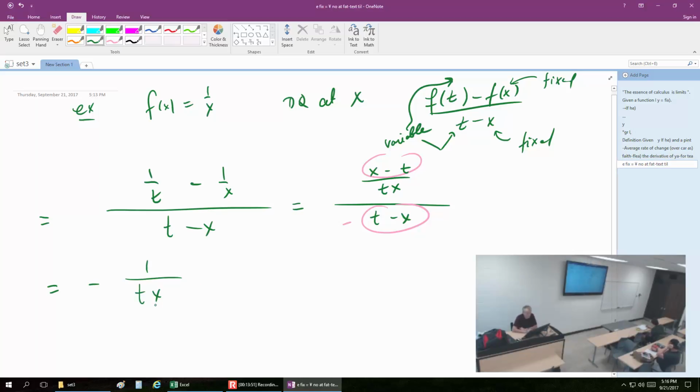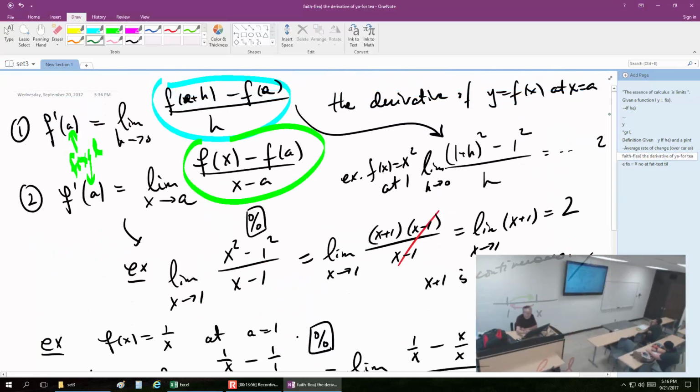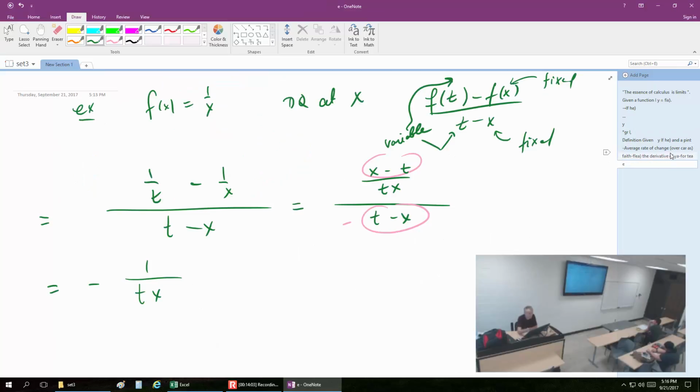Remember this is the definition: in my difference quotient, we're making our time increment go to 0. The time increment is simply the denominator. So t minus x goes to 0, which is the same thing as t going towards x. So I put an arrow here: t goes to x, and so what's the answer?